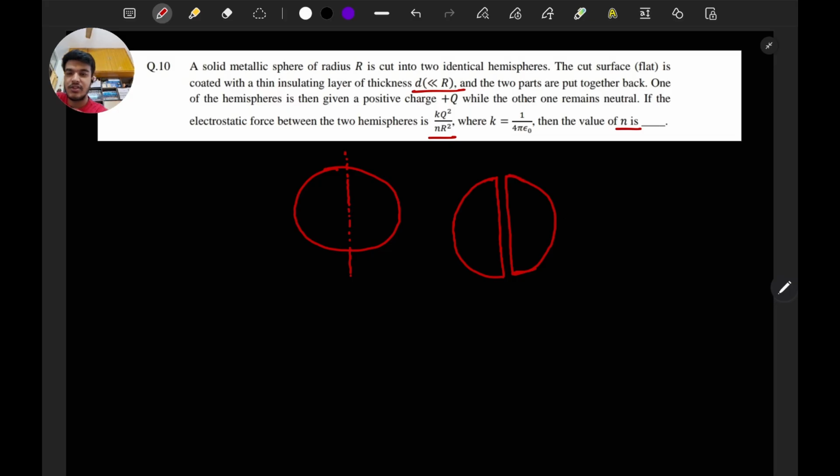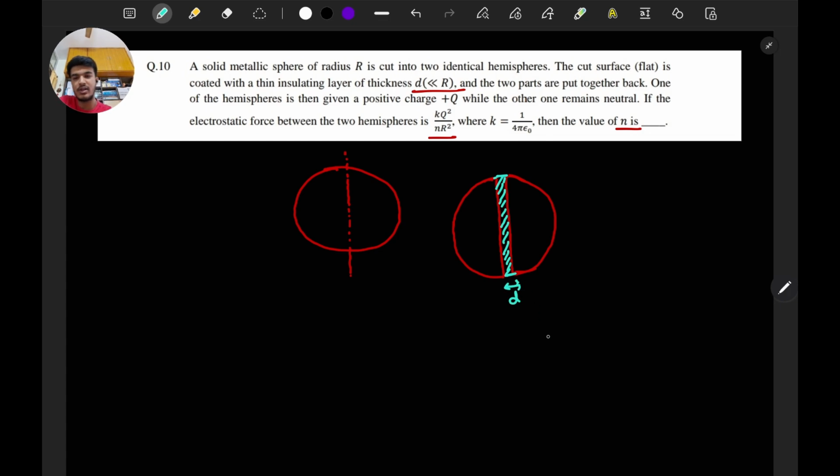It carries the same meaning. So let us say this is some insulating part that we have already inserted here, we have coated here. This is the insulating part, and its distance has been given as d, which is very small.